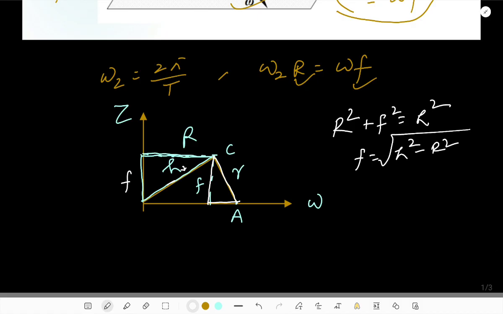But F is not known, so I'm going to use the similarity of these two triangles.